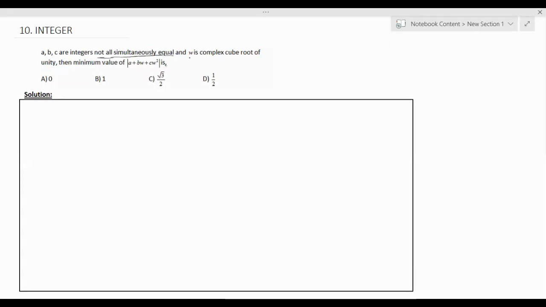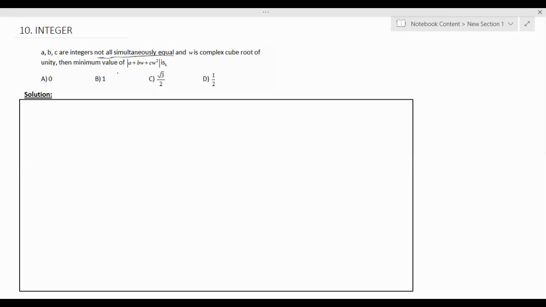And what is given to us: omega is the complex cube root of unity, and we need the minimum value of modulus of a plus b omega plus c omega square. See why this problem is really interesting, because generally when they ask for minimum and maximum, they give one variable. Here there are three variables and you need to decide. So why is this a good problem? Because there are three variables.